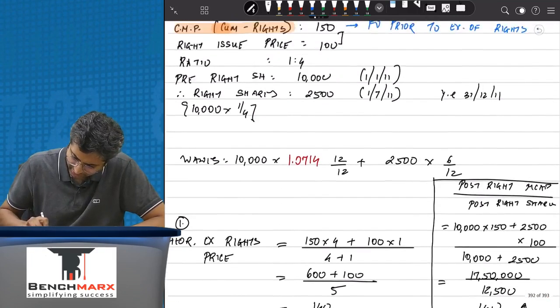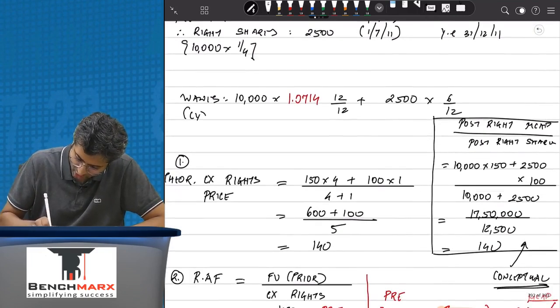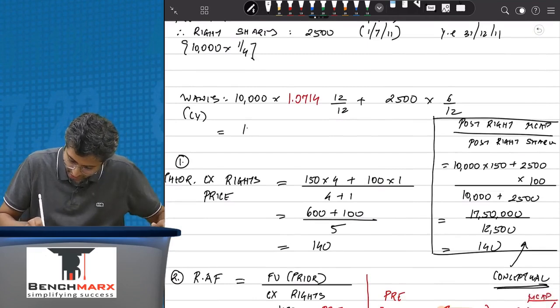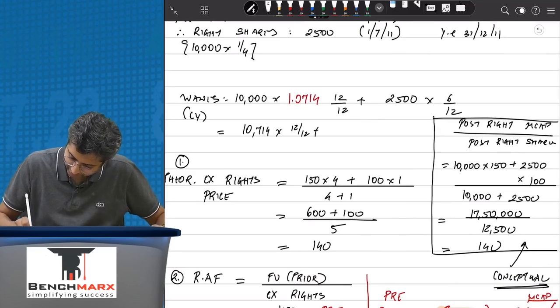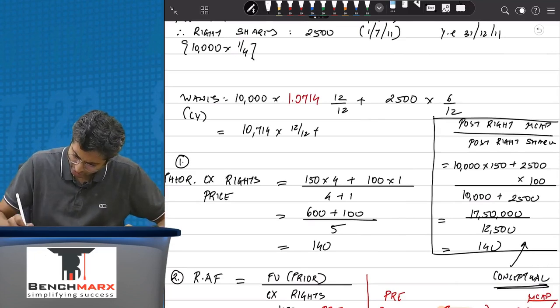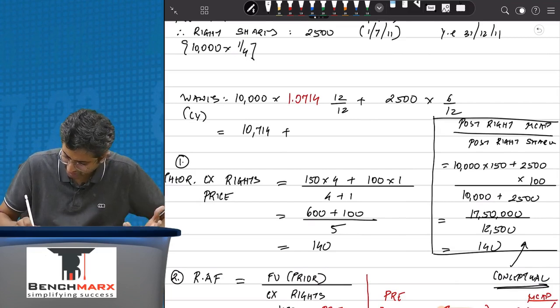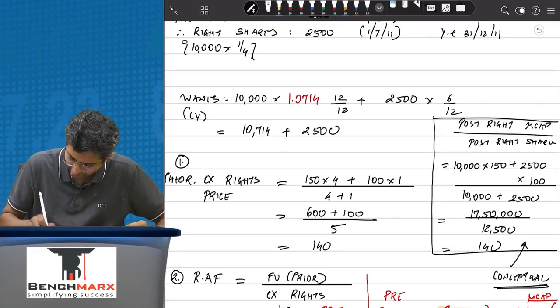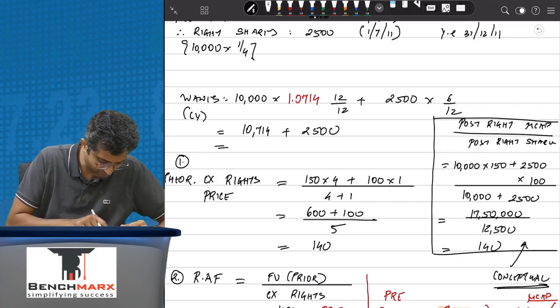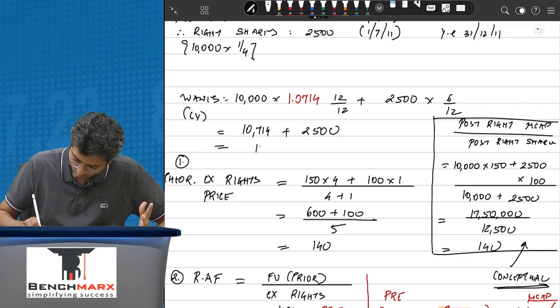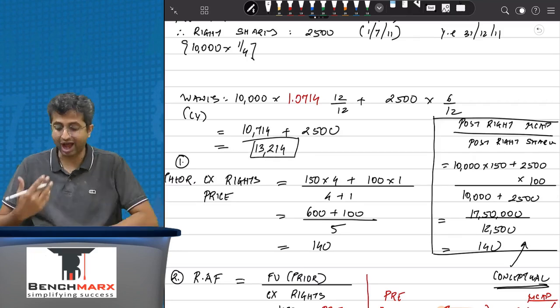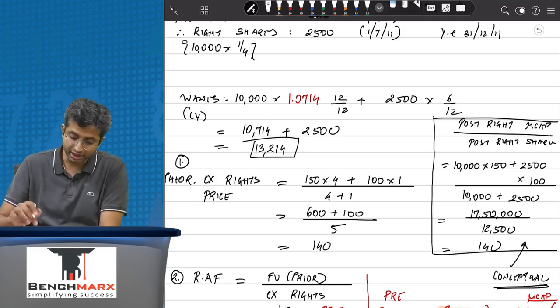So this is, let us say, vains for the current year, which is 10,714 into 12 by 12 plus 10,714 into 12 by 12, that's fine, into 2,500 is the rights, this is 2,500, and hence this is 10,714 plus 2,500, which is 13,214. Acha, remember, bonus has to be retrospectively adjusted, and RAF incorporates a hidden bonus.